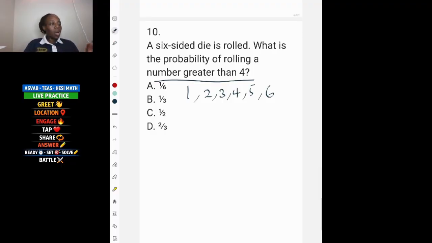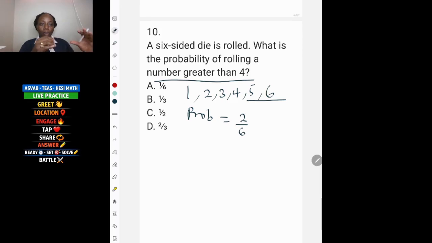So the question is, what is the probability of rolling a number greater than 4? The question did not say greater than or equal to 4, right? The only thing is greater than 4. That means 4 will not be included. So those numbers will be 2 of these, and the probability will be 2 divided by 6.